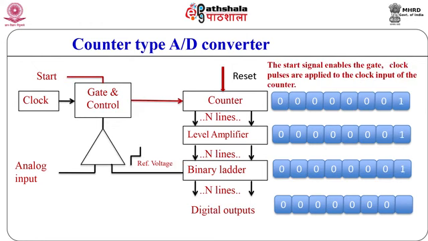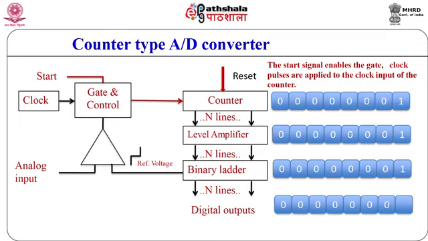The gate and control circuit will open and the clock is applied to the counter. When the clock pulses are applied to the counter, the content of the counter progresses from 0 0 0 0 0 0 0 0 to 0 0 0 0 0 0 0 1.